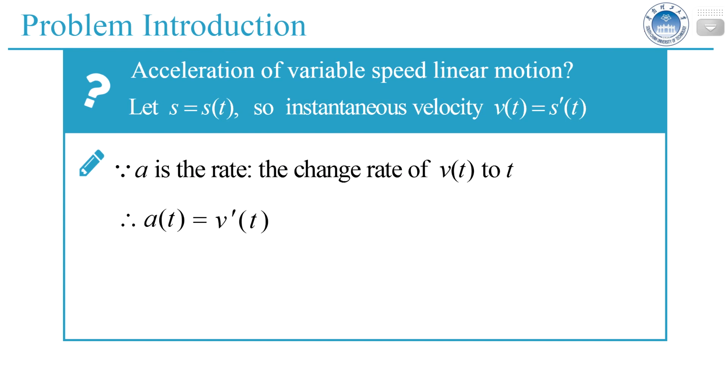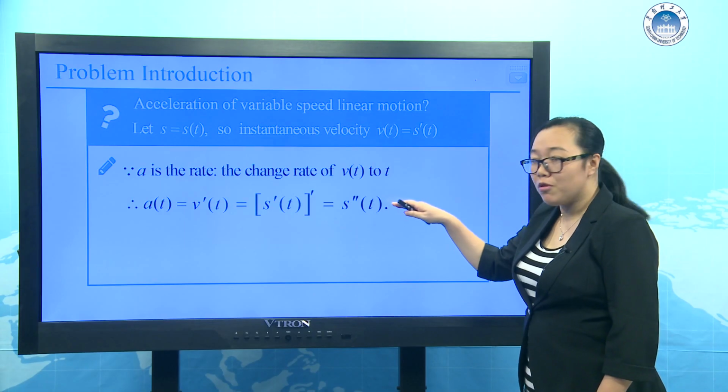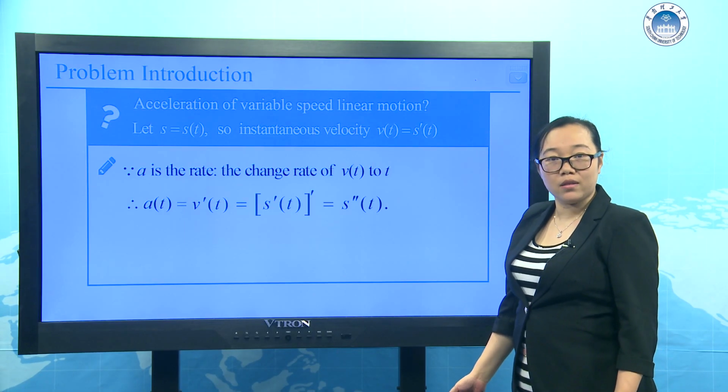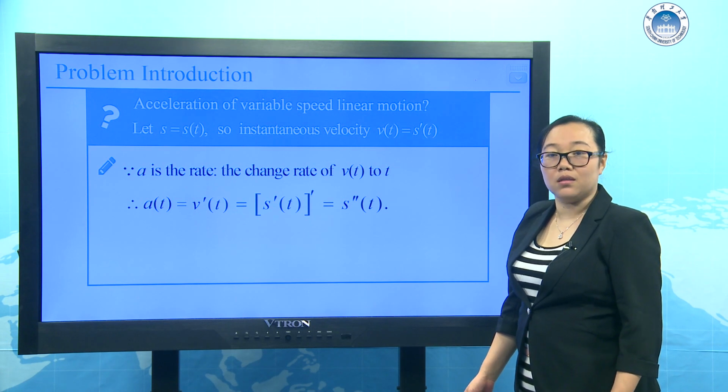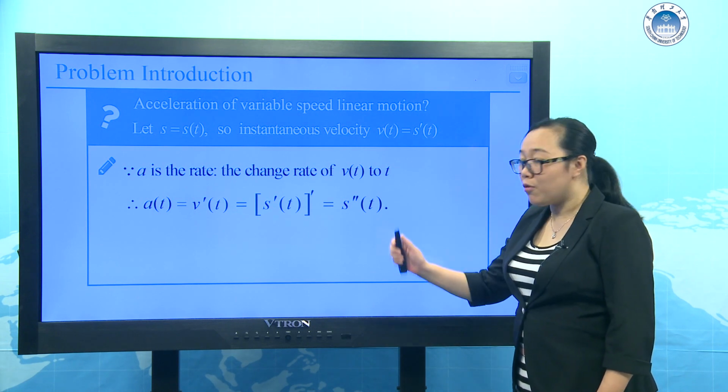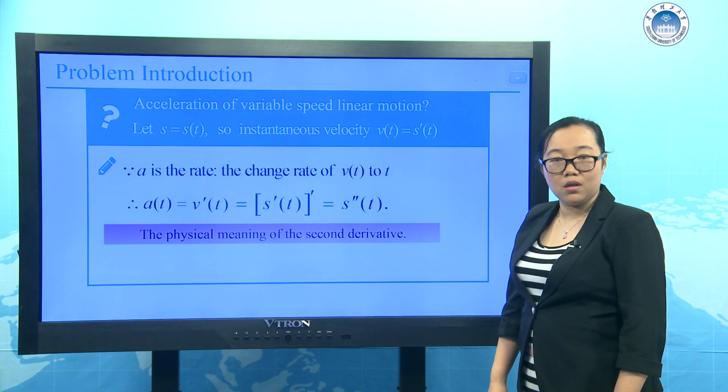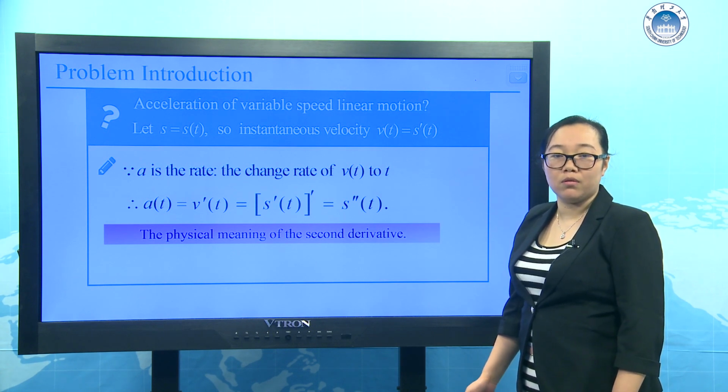V is our velocity function, and its derivative means our acceleration. Since v equals s prime, s prime with one more prime means s double prime t. So we can get the acceleration a(t) equals s double prime t.